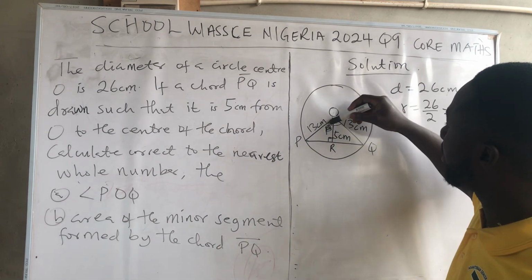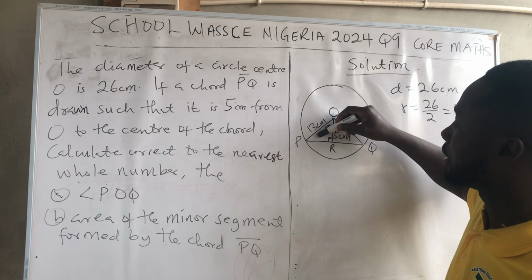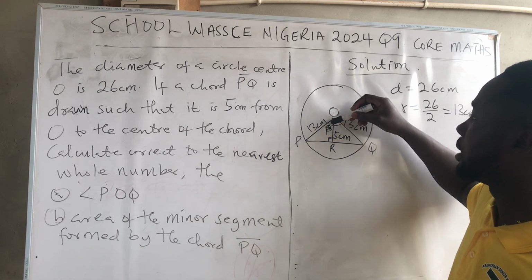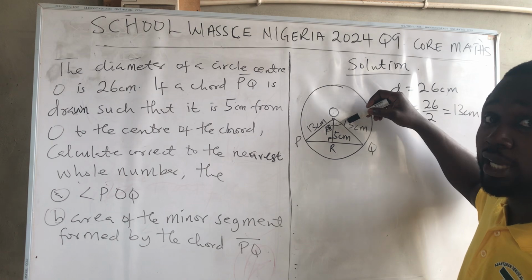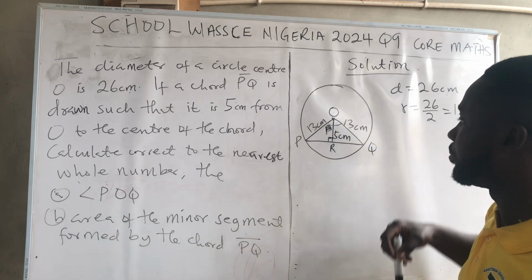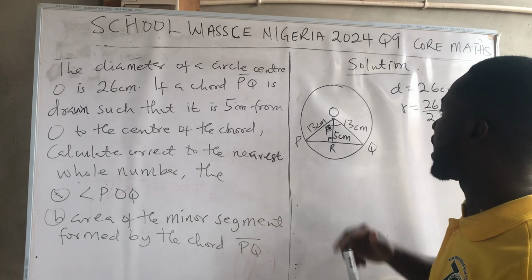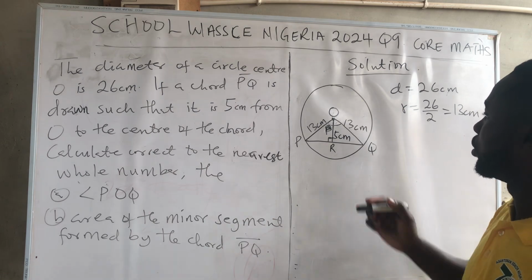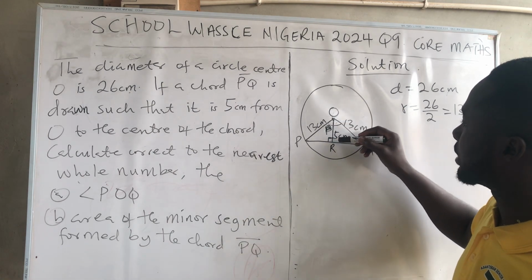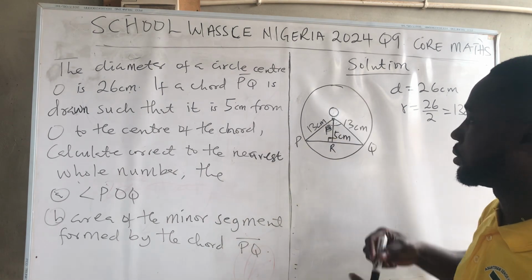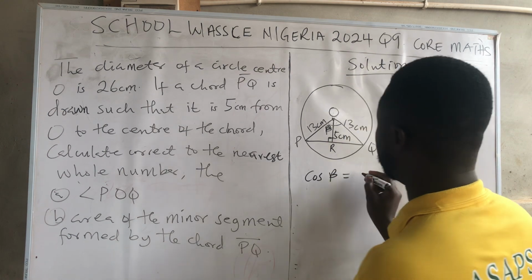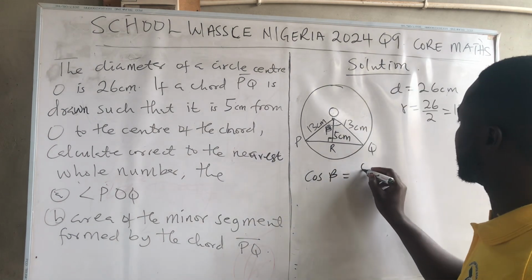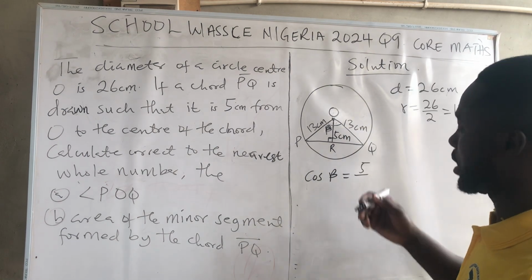When I multiply by 2, because this angle is the same as this angle, I get the entire angle POQ. If the angle is here, this side will be adjacent, and this side will be hypotenuse. So I'll use cos. So cos beta is going to be adjacent over hypotenuse.